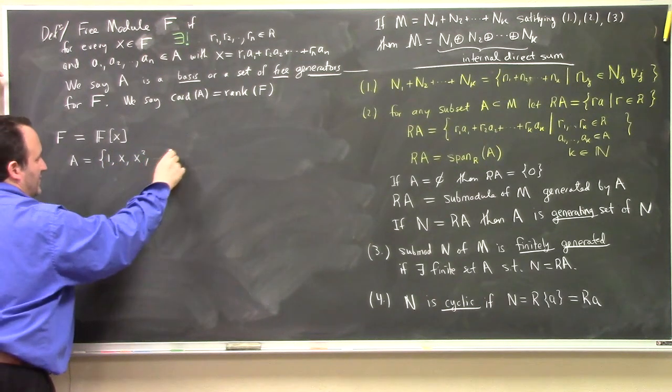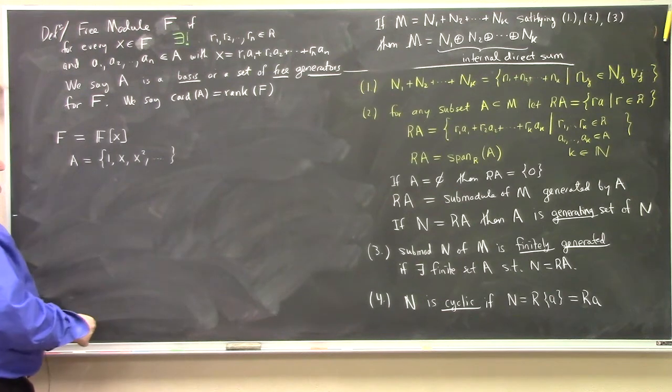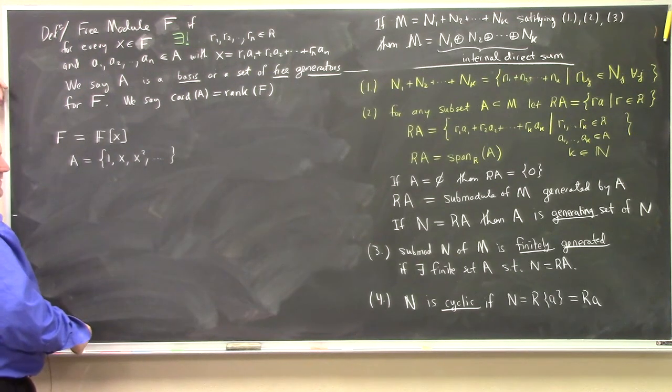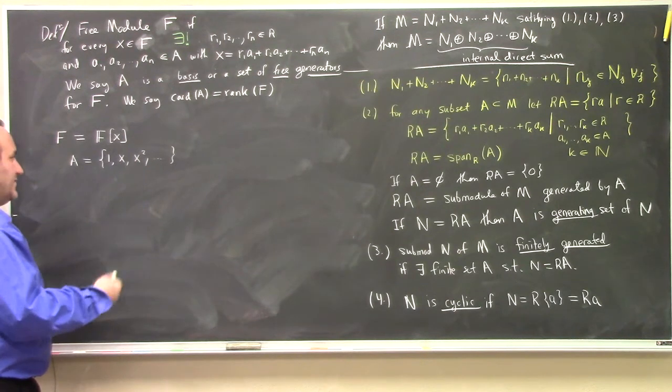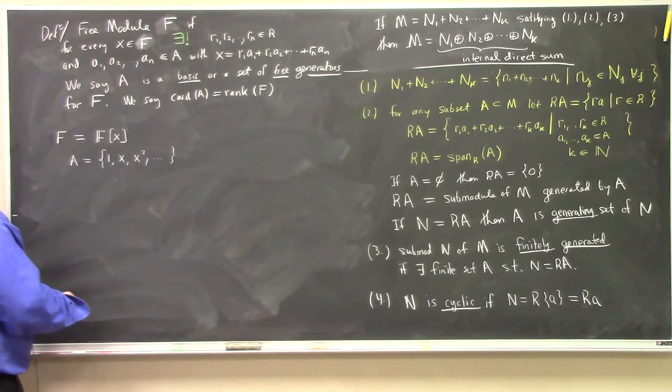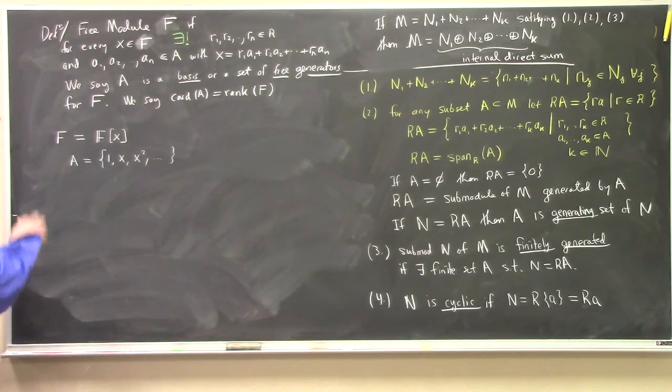You could use the so-called monomial basis. So what's the rank of this? What's the cardinality of that? Well, the cardinality is aleph naught, the number of natural numbers. But polynomials are a free module.